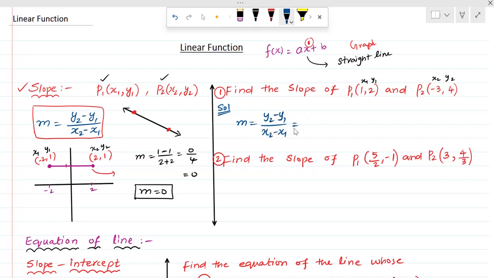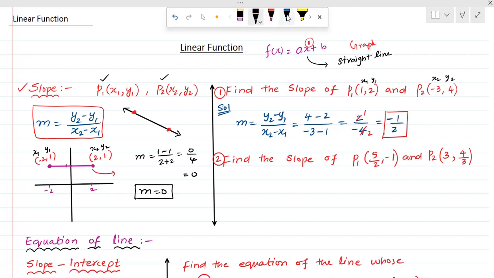If I substitute, y2 minus y1 is 4 minus 2 over x2 minus x1, minus 3 minus in the rule you will have minus, again you will get minus 1. So minus 3 minus 1. So it becomes minus 2 over minus 4. Upon simplification, it becomes minus 1 over 2. So it is 1 time, this is 2 times. So the final answer is minus half is the slope of the given points.